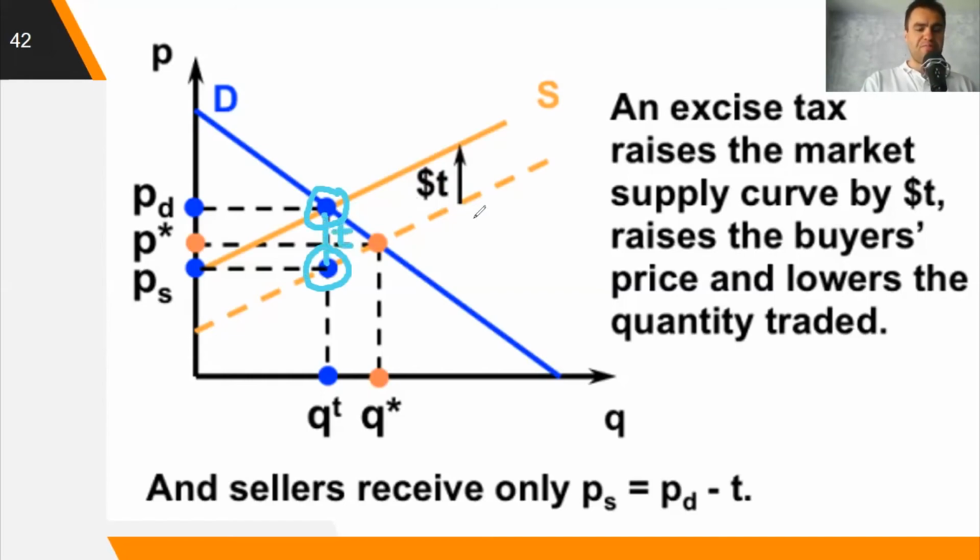So this is T. Because final consumers face a higher price, PD, obviously that affects the quantity they want to demand. And because the price is higher, they will demand a smaller quantity than the equilibrium quantity without tax would have been. That is pretty self-explanatory. Consumers face a higher price, therefore they will demand less.